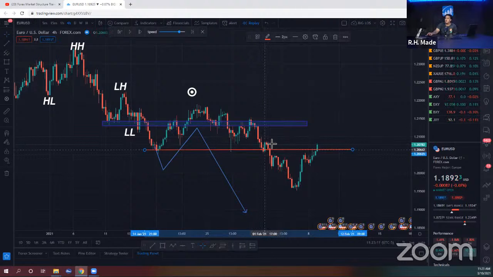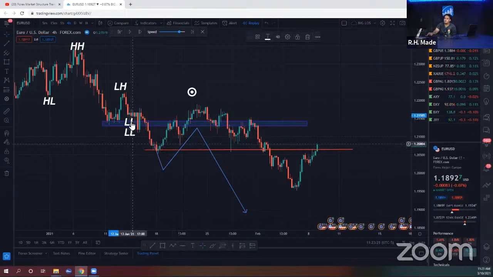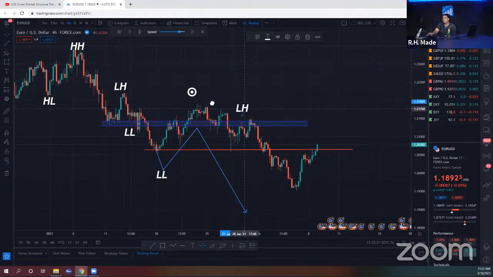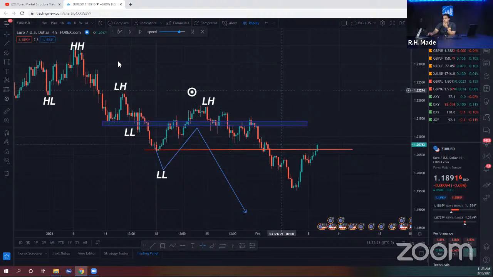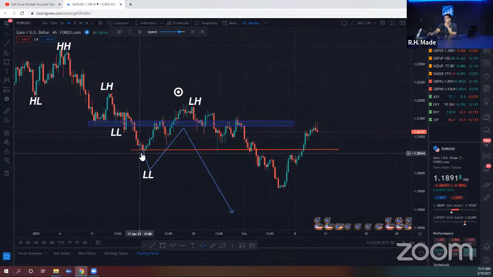We can wait for the retest of the lower low. As you see, the retest at the lower low failed.